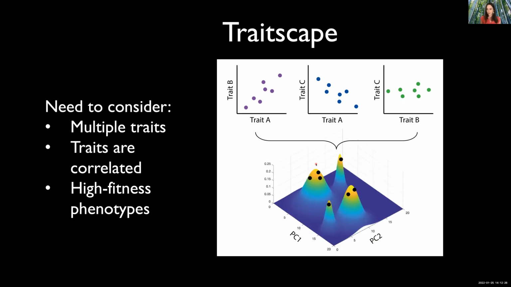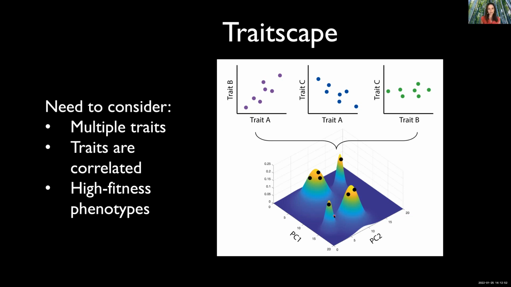So we can rotate this plot in 3 dimensions, and what we get is the X, Y axes defining this PC space, which tells us about the relationship between traits, and then the Z axis tells us locations where we see actual phenotypes existing, or high fitness regions. And again, whether or not there are valleys here will in part depend on whether or not we have measurements in a given place.